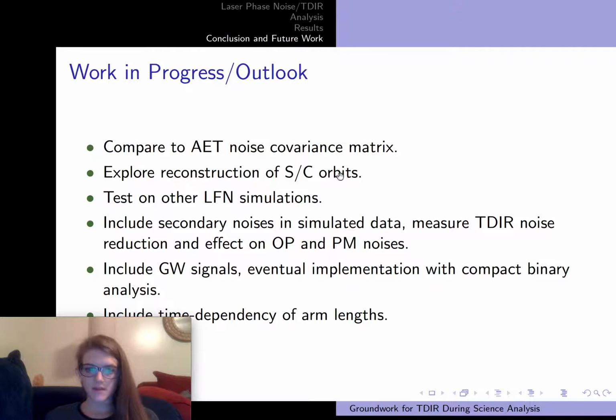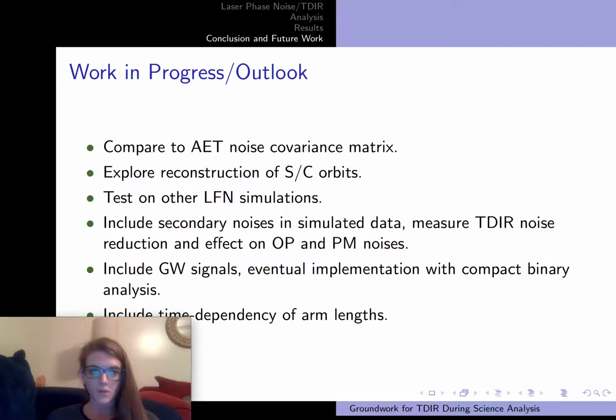So this is basically the groundwork for the overall goal of including arm length parameter estimation as part of the LISA data model. The next step is to also compare this to the AET noise covariance matrix that is in the works, and that will be interesting to see.